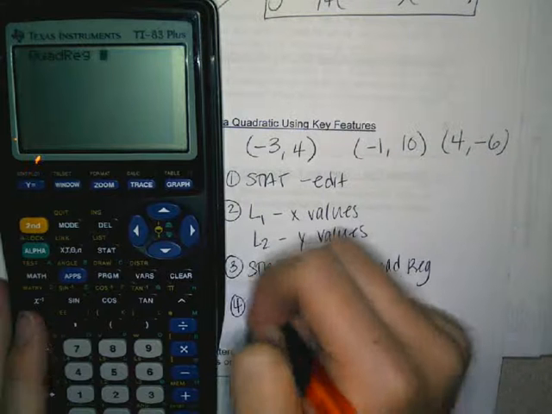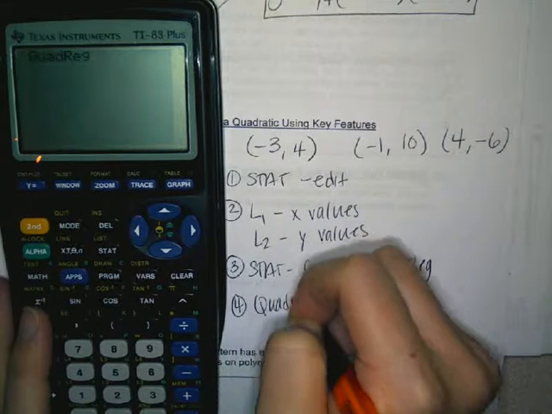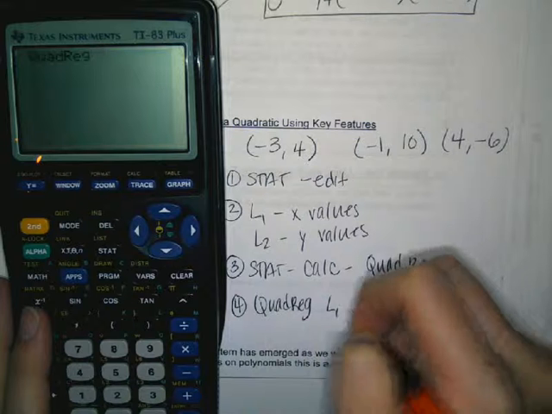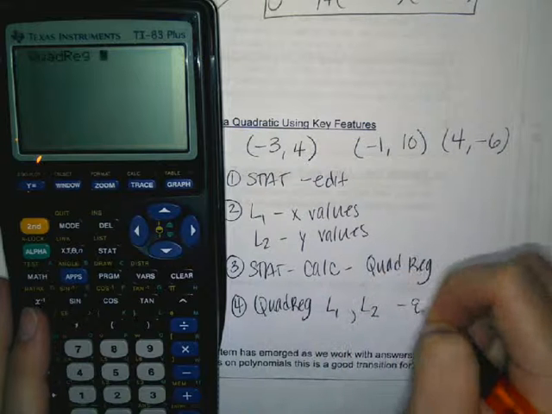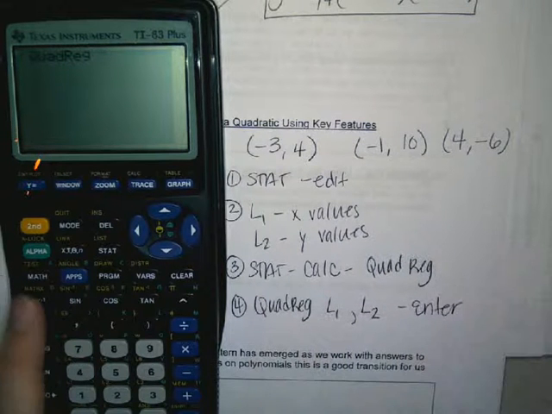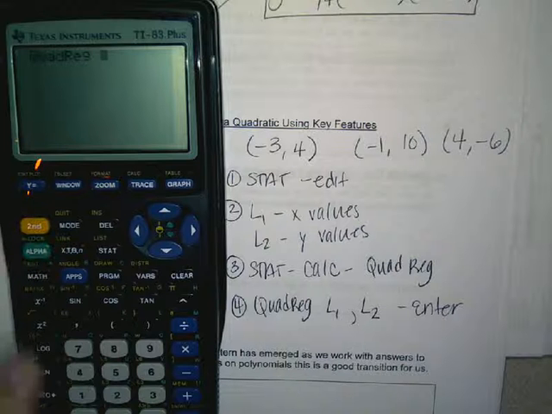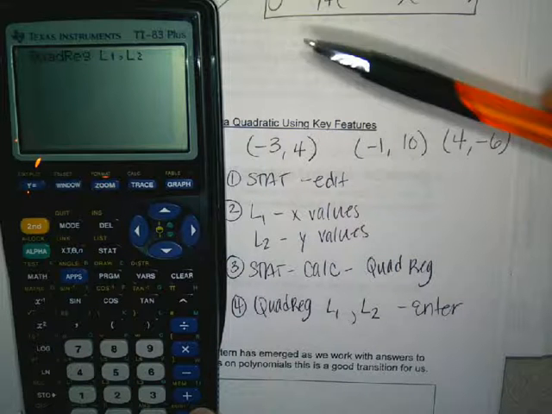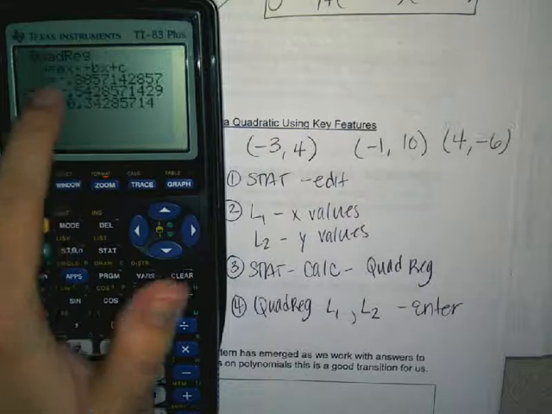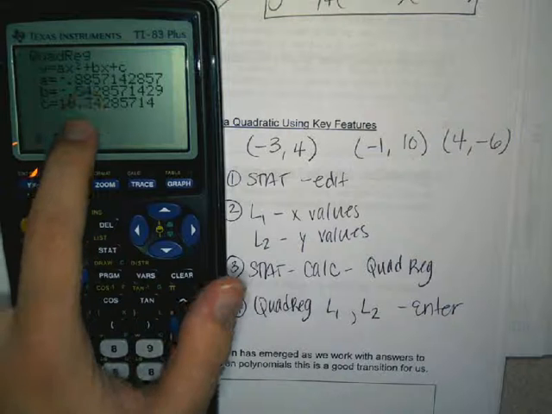So quad reg L1, comma, L2, and then we have to enter. So to put in L1, we do second 1, comma, second 2 for L2, so it matches what I should see here. Hit enter, and then it gives you your A, your B, and your C. And then that's what we're going to copy down.